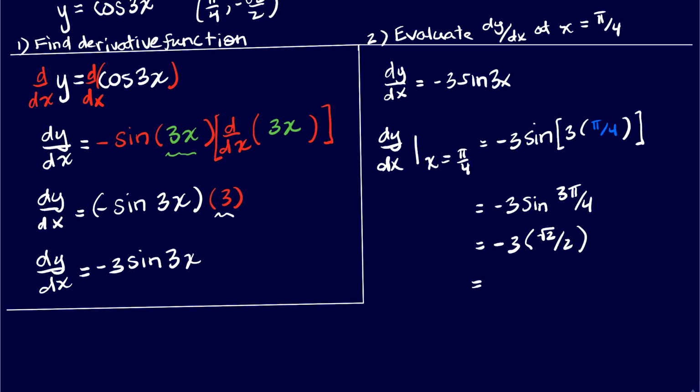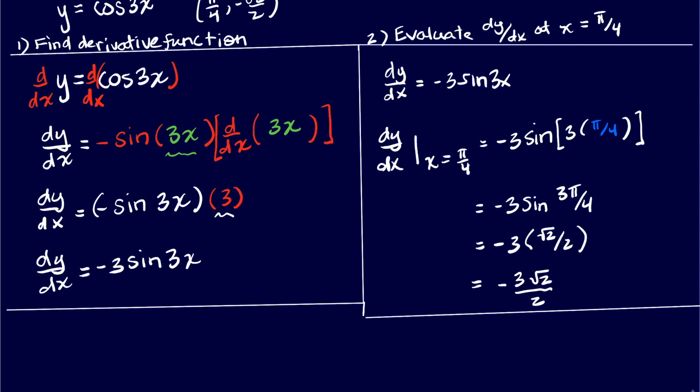And so we will get negative 3 root 2 over 2 for the slope. So here, what did we find? We found the slope of the line tangent at that point.